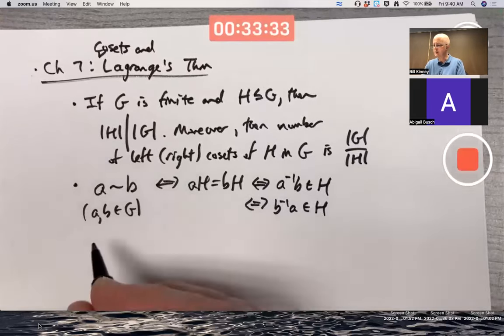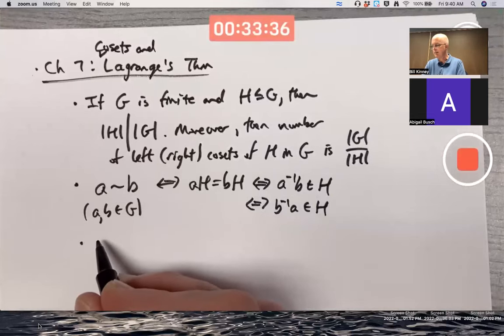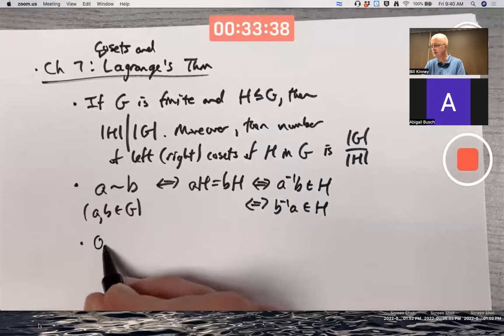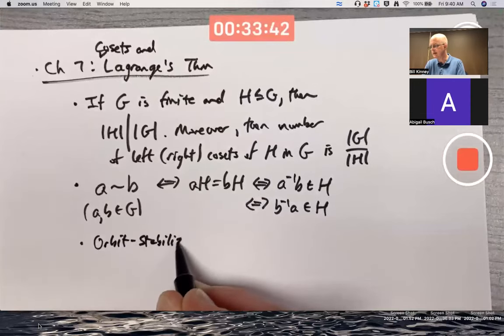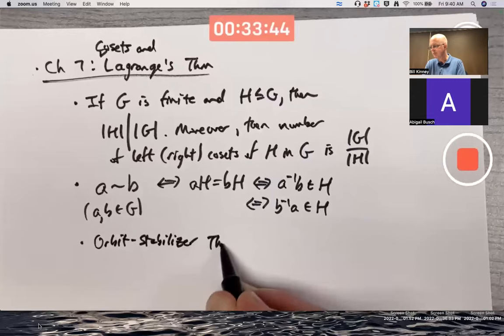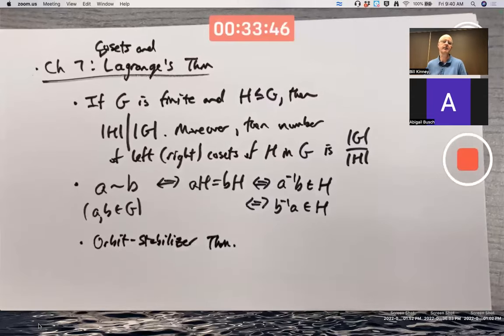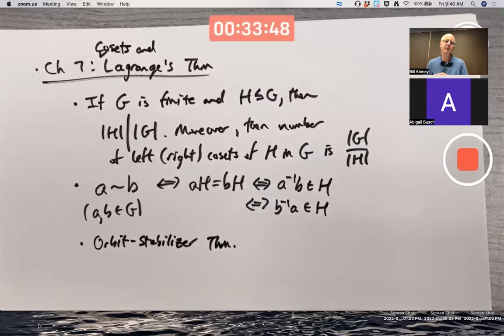In this chapter, we also have, as an application of Lagrange's theorem, the orbit stabilizer theorem, which I did test you on exam 2. So it could be on the final exam. There was an example of computing orbits and stabilizers, and then there was a problem about stating the orbit stabilizer theorem. I didn't have you prove it.